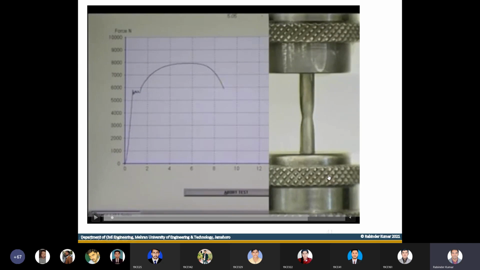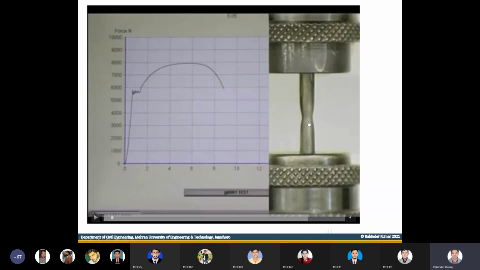Now try to understand the difference between nominal strain and true strain. When you divide the force by the original cross-sectional area of this bar, that is the engineering stress. And we know that after some time, the cross-section is reduced.